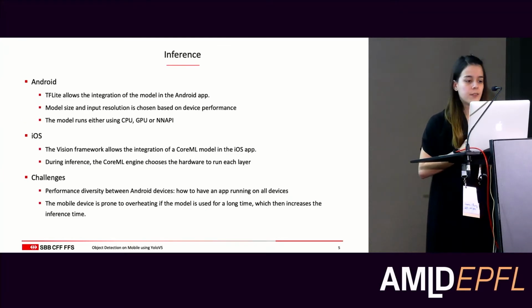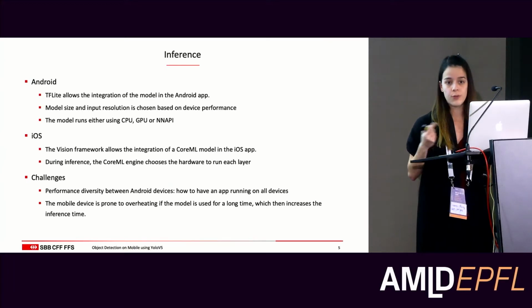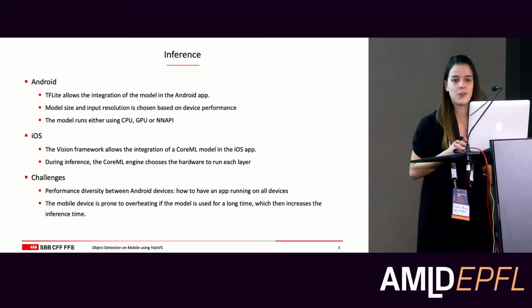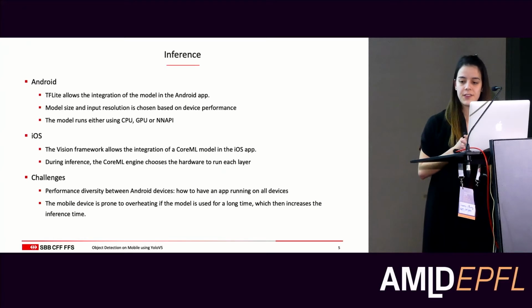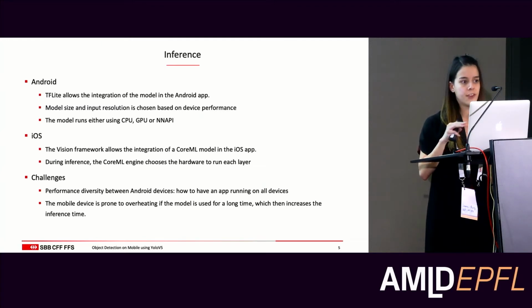So now for the inference. On Android, we have a TF-Lite model, so we obviously use the TF-Lite framework in order to integrate the model into the app. And here we have different sizes of model and input resolution. The reason for that is that Android devices are really different from each other, so there is a lot of variety.